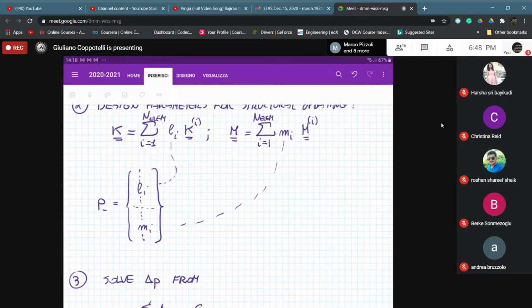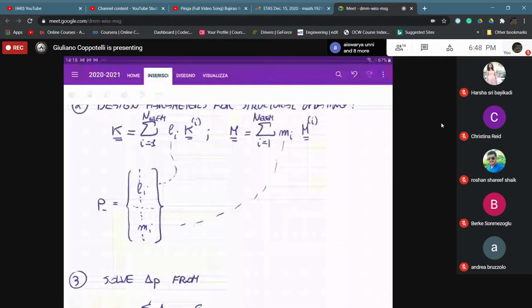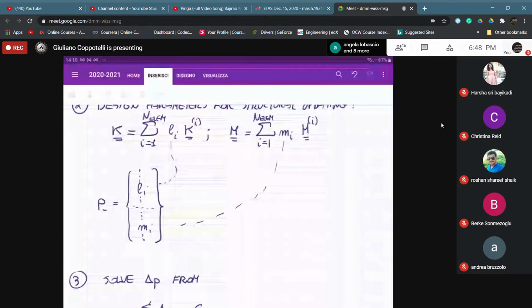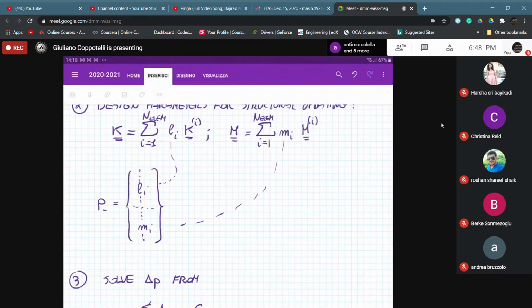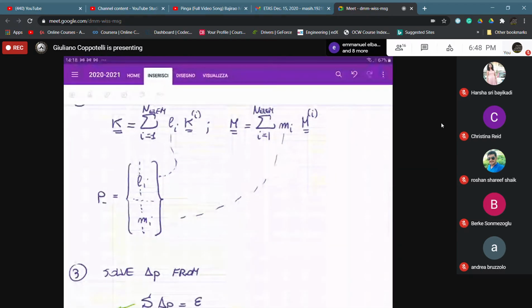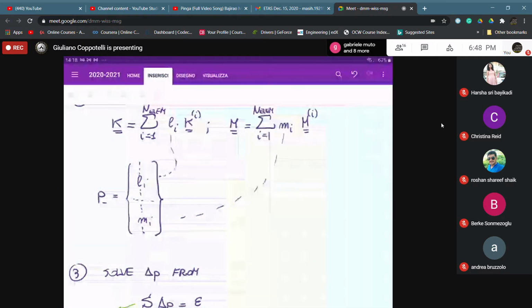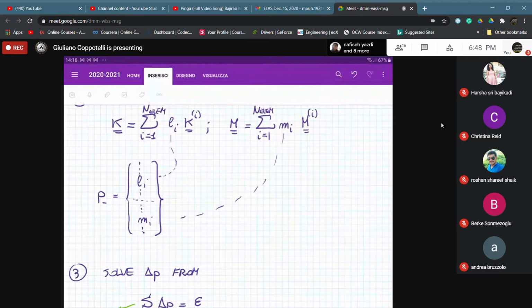Also, sometimes there is no need of having all these parameters that are related to the number of elements. Maybe what we need is just a few parameters that are linked to some elements and not all the elements. So the dimension of this p vector, that is the vector of the structural parameters for updating, could be much lower than twice the number of elements, generally speaking.